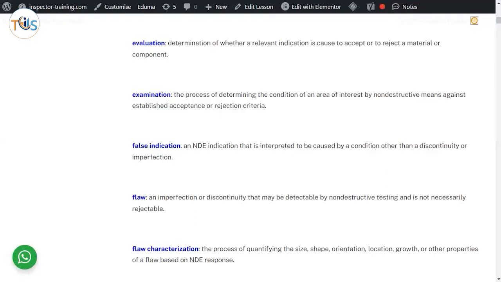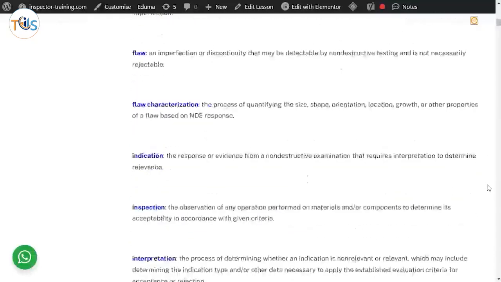A flaw is an imperfection or discontinuity which is detectable by the non-destructive testing method you are using. And flaw characterization means to find the size, shape, orientation, location, and any other properties of that flaw based on the NDE examination, the response you get.